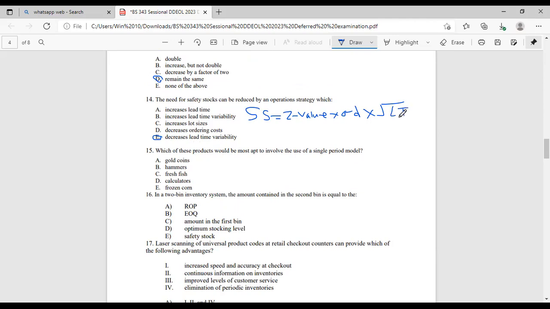So if lead time reduces, meaning LT reduces, SS, the safety stock, also reduces. So which of the following products would be most likely to involve the use of a single period model? It is the fresh fish.